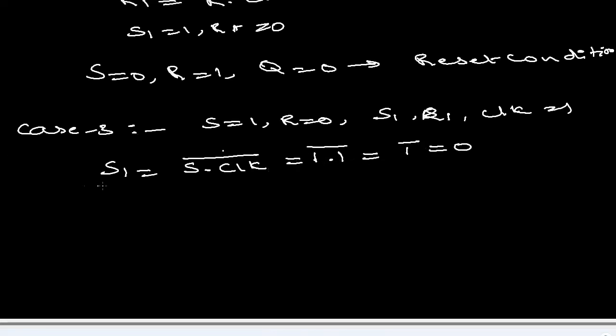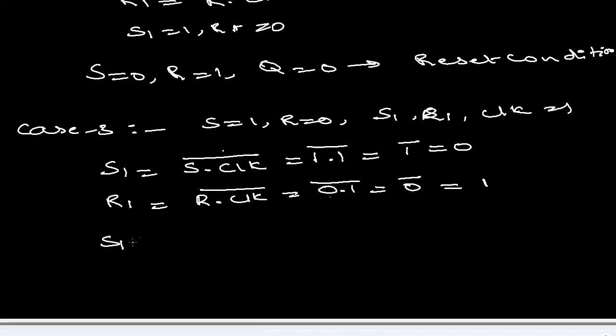Same way R1 equal to R into clock complement. So R value is 0, clock is 1, whole complement. In the AND gate with 0 and 1, if any one input is 0, then the output will be 0. So 0 complement equal to 1. So now the latch values are S1 equal to 0, R1 equal to 1. So this is called as set condition.